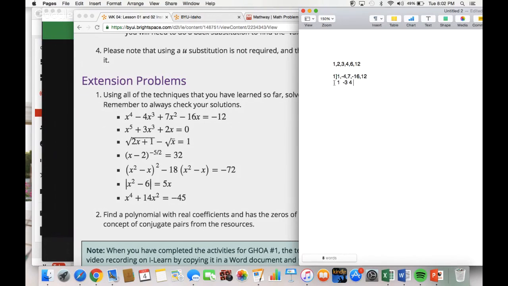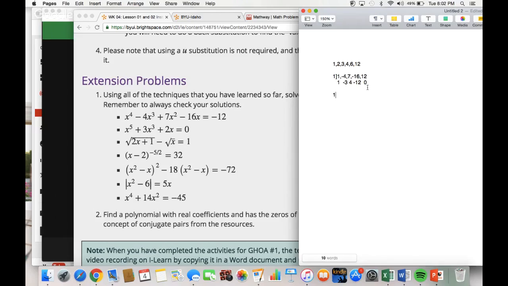You end up with 4. 4 times 1 is still 4. Add that to -16, you got -12. -12 times 1 is still -12, and then you just subtract that from 12 and you end up with 0. And if you end up with 0 right there, it means it's a real root and that's good stuff.